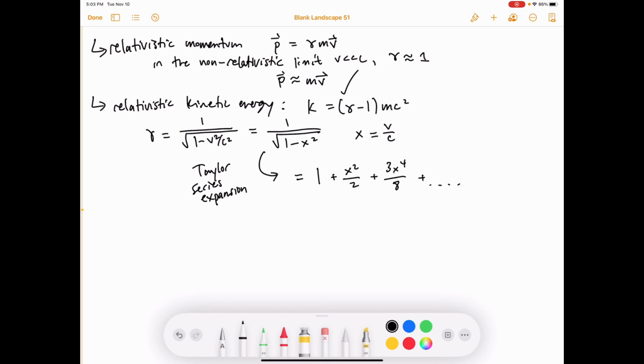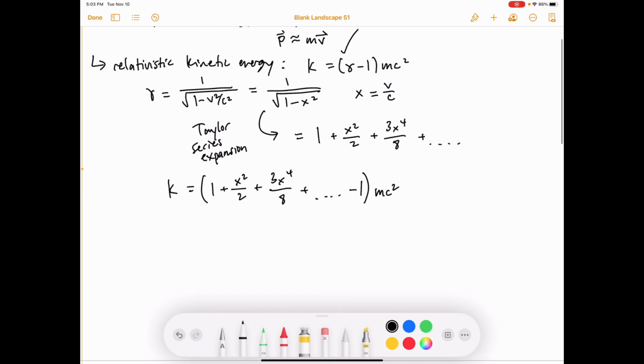So how about we put that into the formula for kinetic energy? So here, K is equal to gamma minus 1, but for gamma, we're going to use the Taylor series expansion: 1 plus x squared over 2 plus 3x to the fourth divided by 8. And then that sum actually goes on forever, but then we have a minus 1. And that multiplies mc squared.